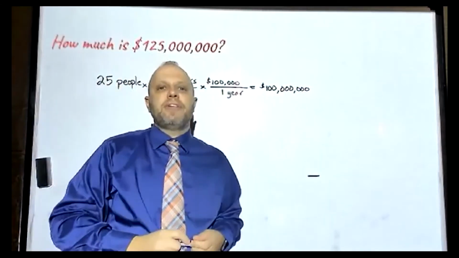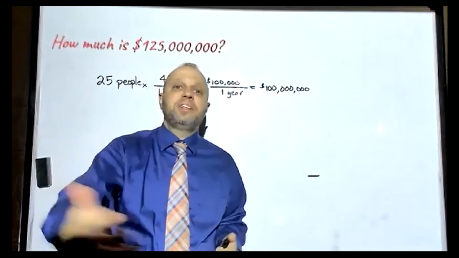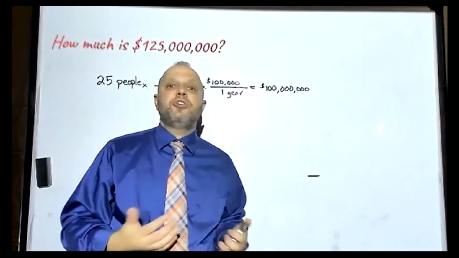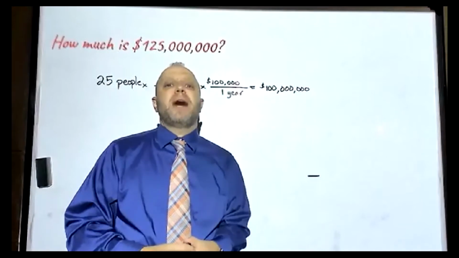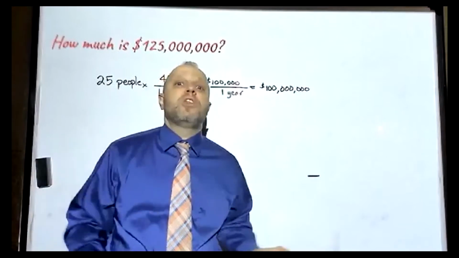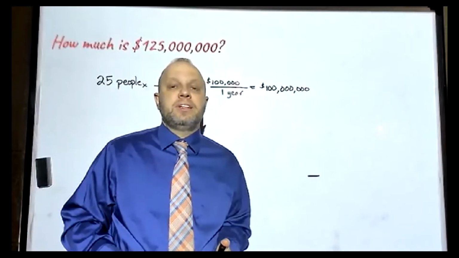If you multiply all of that out, you'll find that the 25 of us will make a total amount of money of about $100 million over the course of our entire lifetime.